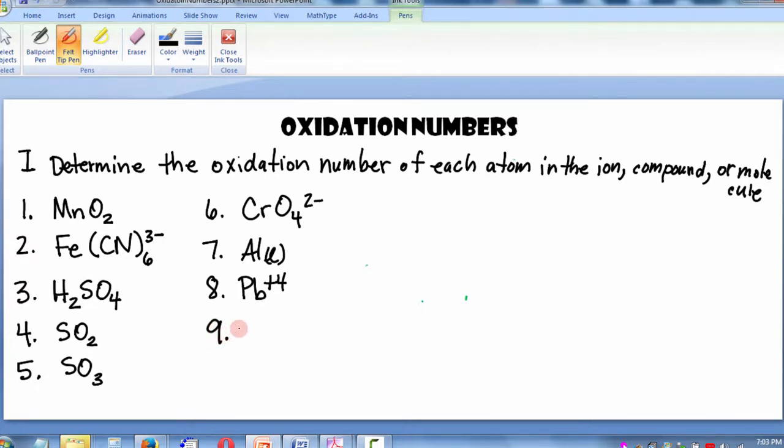Number 9, H3PO3. Number 10, H3PO4. Number 11, P4.